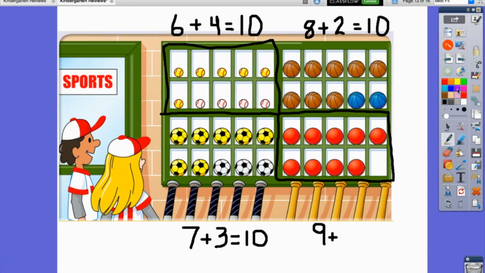Just 1. So I could put in a purple ball right there, and then we would have our next number partner, which would be what number? 9 and 1. 9 and 1 make 10.